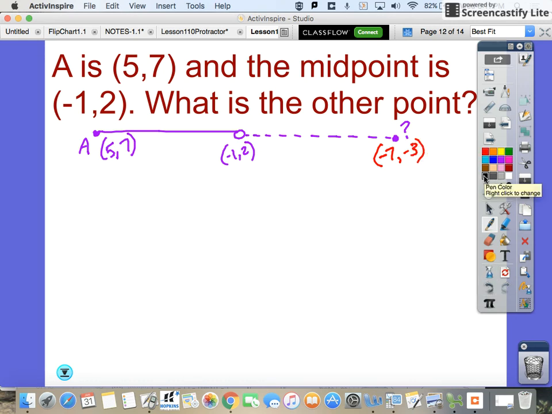What we're going to do in this case is we'll set up A, so 5, 7, and our other endpoint equals the midpoint.